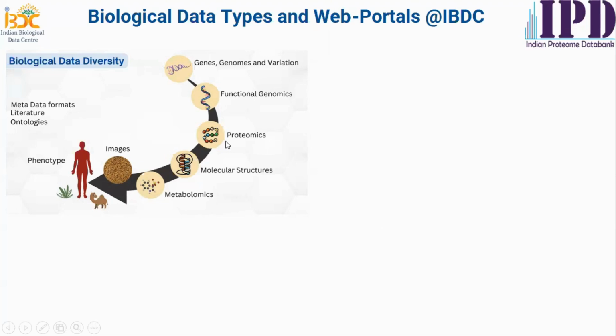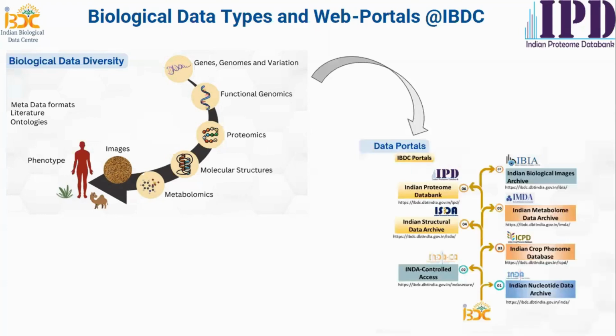Proteomics expression then moves down to the 3D macromolecular entity, which interacts with itself or via small molecules. That is the small molecule metabolite study. And there are also certain types of biological images being generated and used for the diagnosis of disease. So there are disease image portals, and then the phenotypic traits to analyze the phenotypic data.